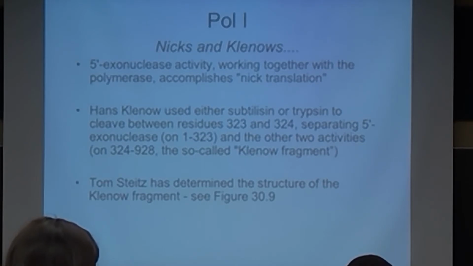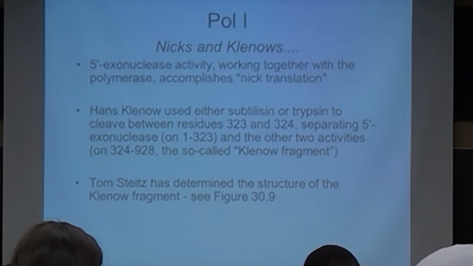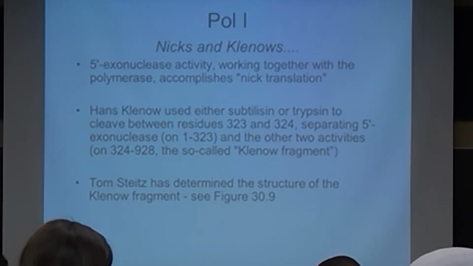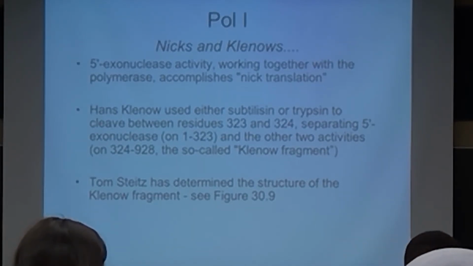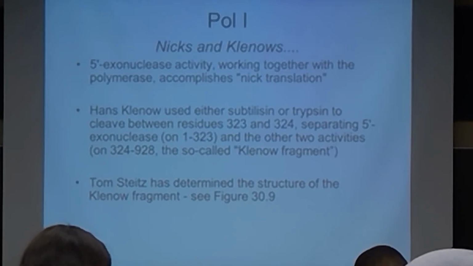So you could trypsinize this one. So this is 323. Trypsin, correct? We produce two fragments. One is the N-terminal small fragment and another is the big fragment, which is called the Klenow fragment of DNA polymerase.